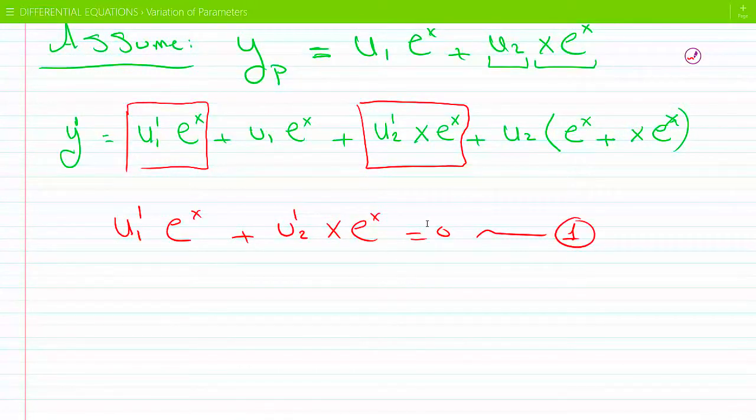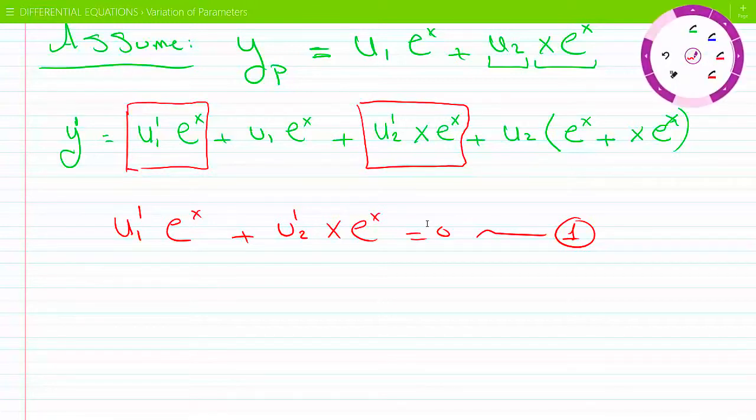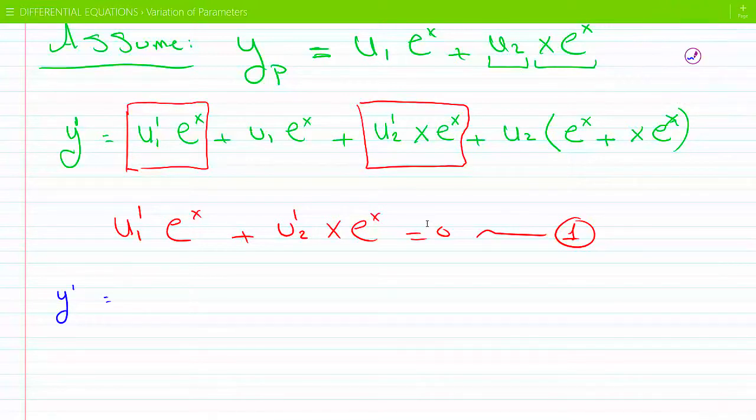You chose two functions, so you can impose one constraint of your choice on the derivation, and then the second one will come from the actual differential equation. So now my y prime is without these two red boxes. So it's u1 e to the x plus u2 e to the x plus u2 x e to the x.